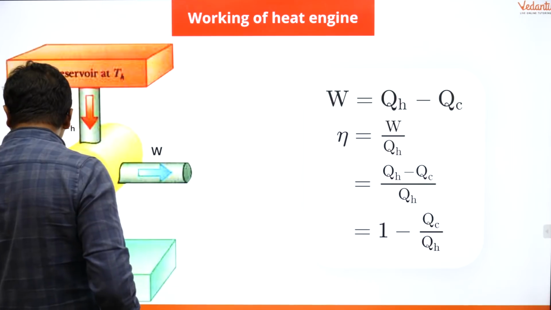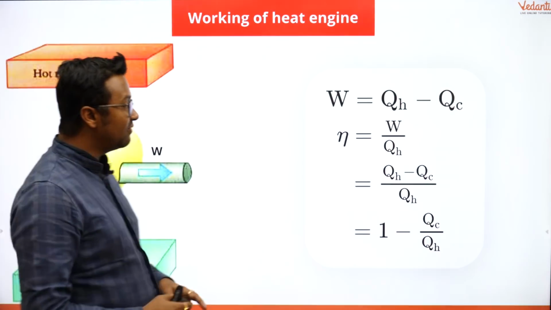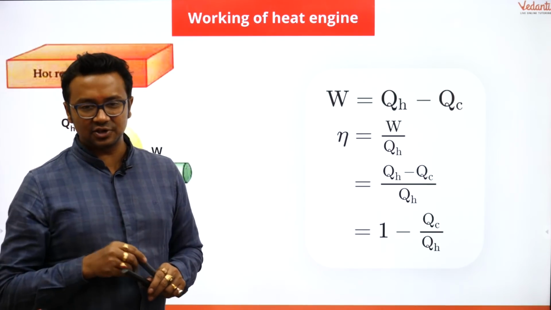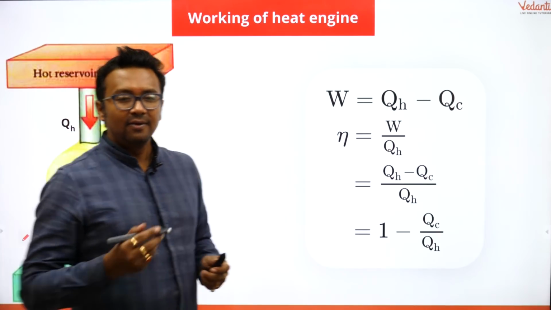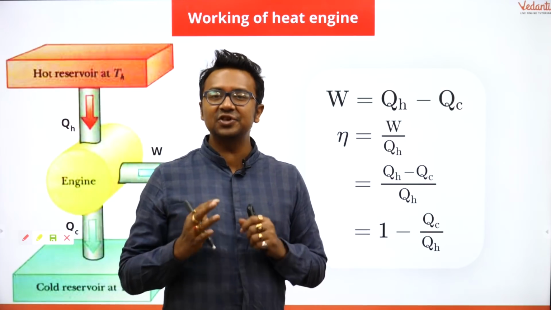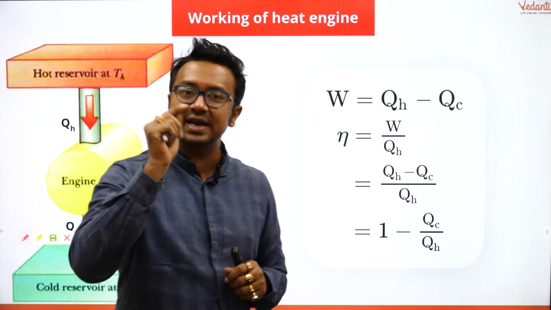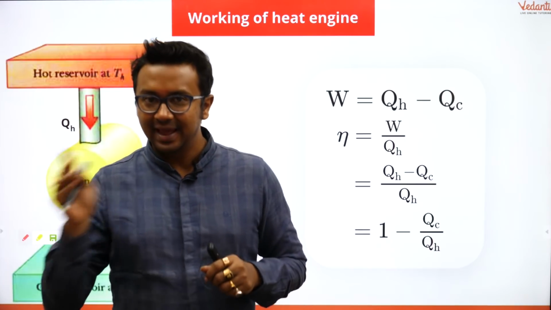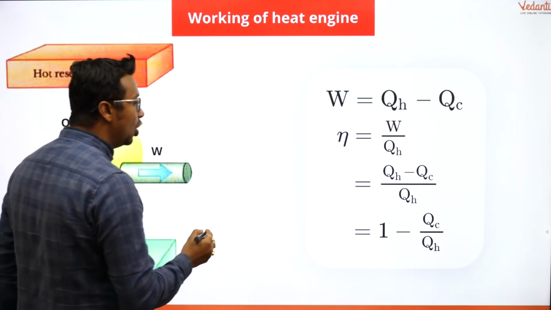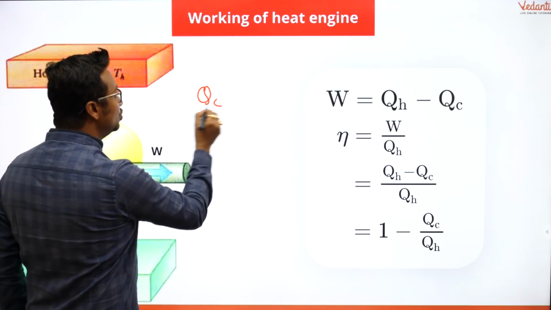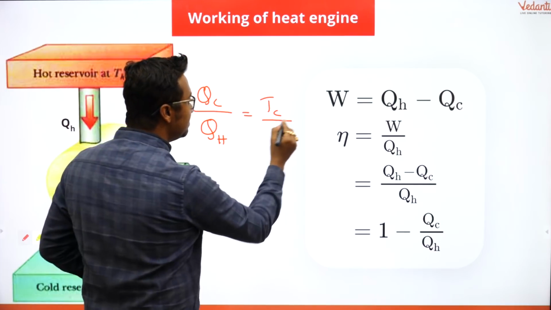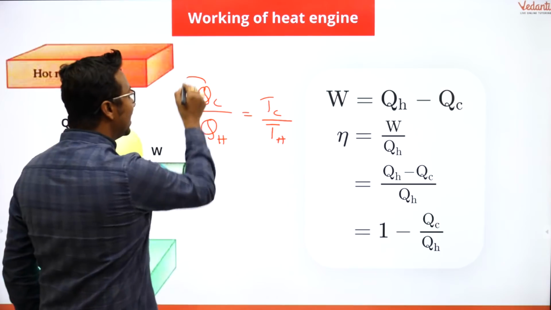Another thing. I'm going to bring it right here itself because in the last entropy section, my dear students, we said that the maximum efficiency could be there for delta S equal to 0. And when delta S was equal to 0, I told you that this relation holds valid: QC by QH is equal to TC by TH. Where did it come from?